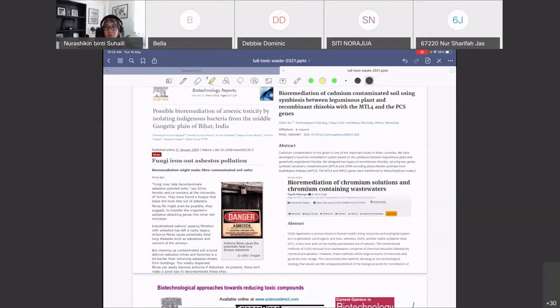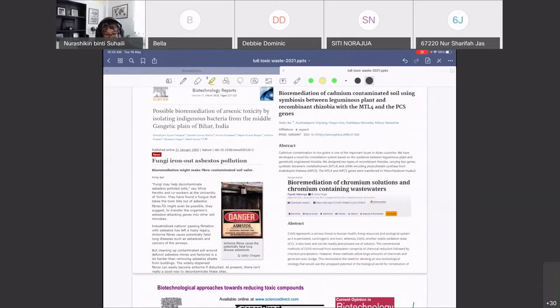So if you want to find microbes that can do a certain kind of degradation, you look for places that have that sort of compound. As I said just now, some of these toxic compounds are also present naturally. So those places actually have microbes that can degrade the compounds.